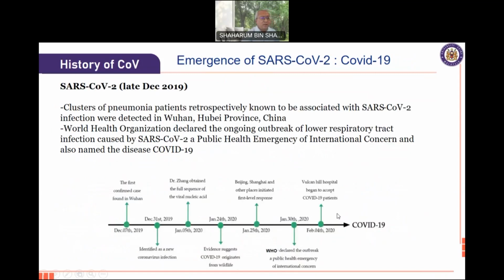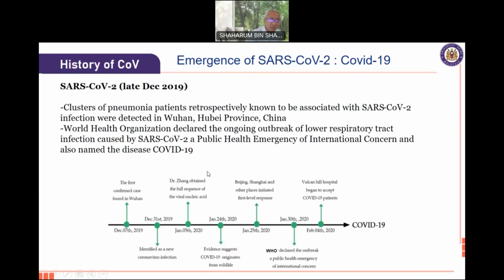The last one is the one we are calling COVID-19. In late December 2019, the SARS-CoV-2 virus emerged, first detected in Wuhan, China, on the 7th of December 2019.